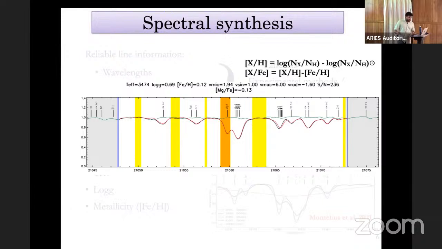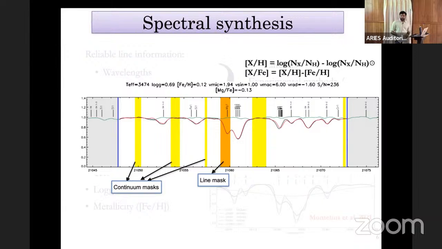And this orange mask tells SME that this line has to be fitted by setting magnesium abundance to be free. And it is also important to make sure that the continuum masks are set properly where there are no absorption lines, so that a synthetic spectrum will exactly calculate the depth of the line from the continuum, not from anywhere else. So there should not be any problems with the continuum at all. So this is how we determine the magnesium abundance, for example, for this star.